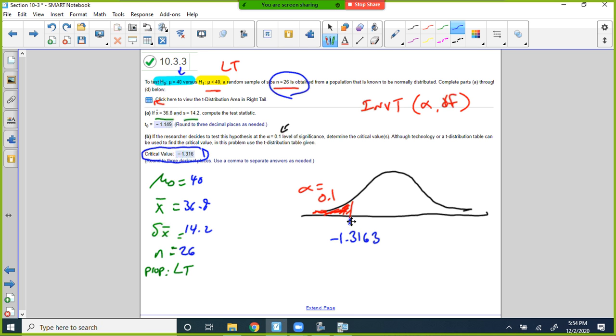Now, what we have to do now, because we had a t sub 0 of negative 1.1491, we also had a p-value of 0.1307. Those two things are what we're going to use to do analysis with. Now, where does the negative 1.1491 fall? Does it fall in the red, or does it fall outside of the red?